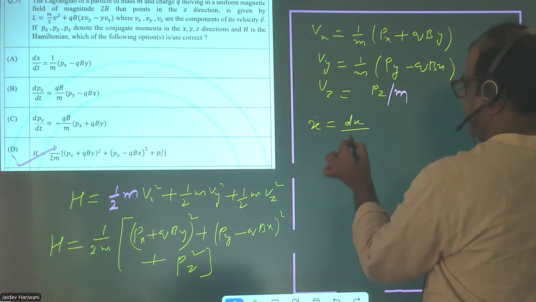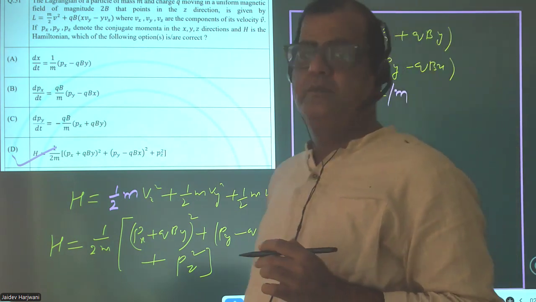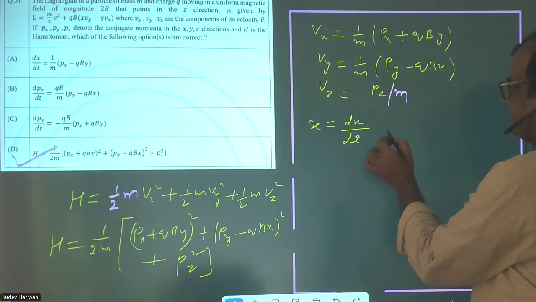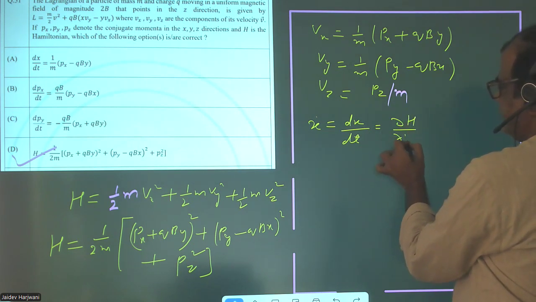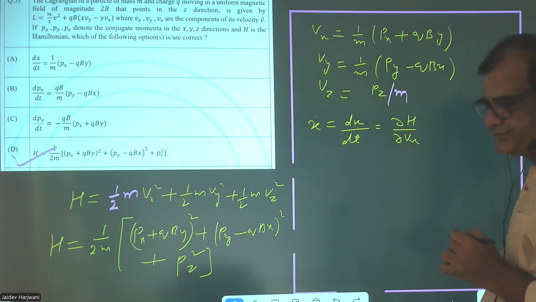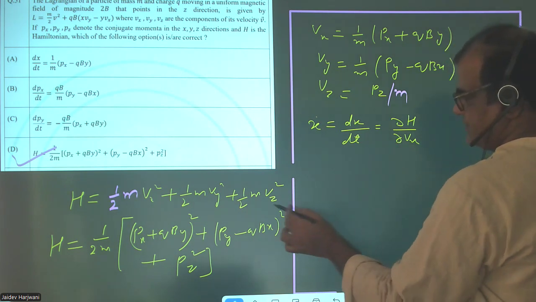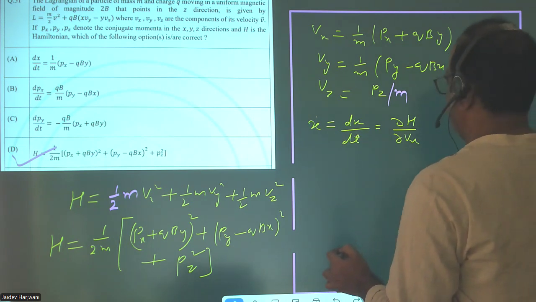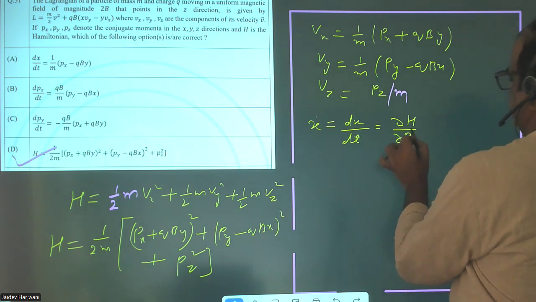The Hamilton equation says dx by dt is equal to del H by del px.